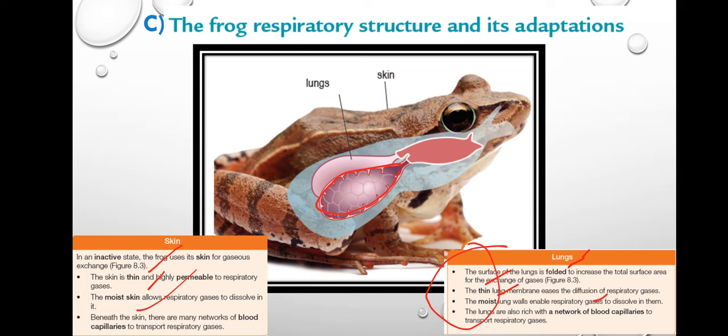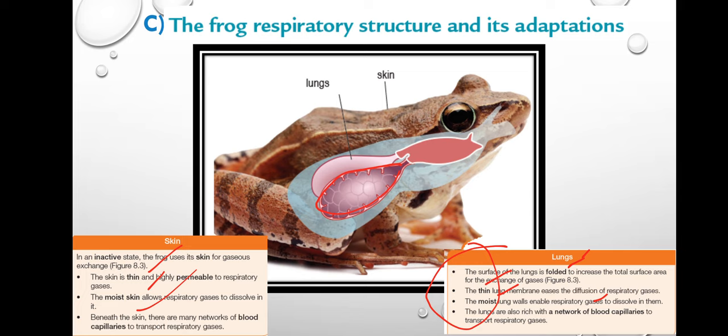If you see the skin of the frog, it's not really very tight. It's actually loose like that, so the surface area is bigger. They increase the surface area. It's not like your clothes.